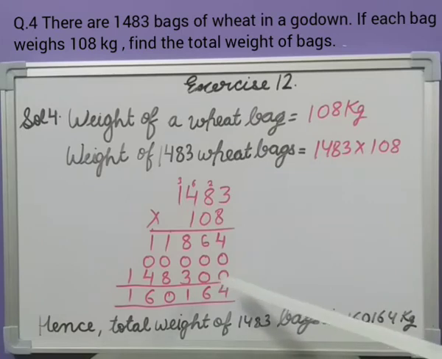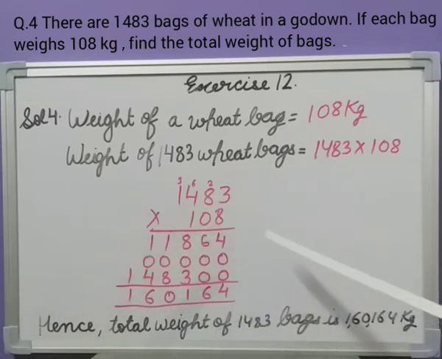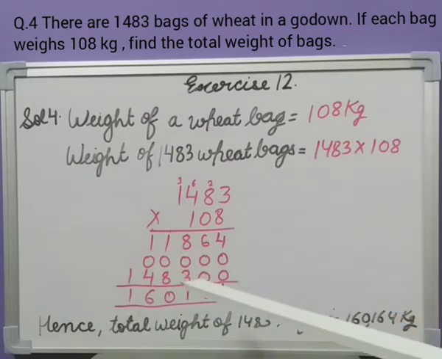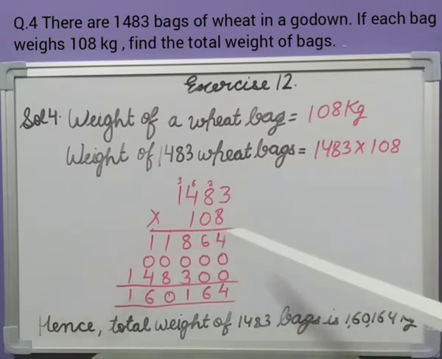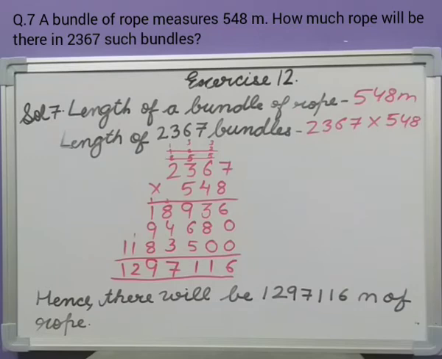Now, then we'll put 2 zeros according to the place value, and then we'll multiply it by 1, and by multiplying it by 1, we got the same number, that is 1,483 and 2 zeros of the hundreds place. So, hence, total weight of 1,483 bags is 1,60,164 kilograms.